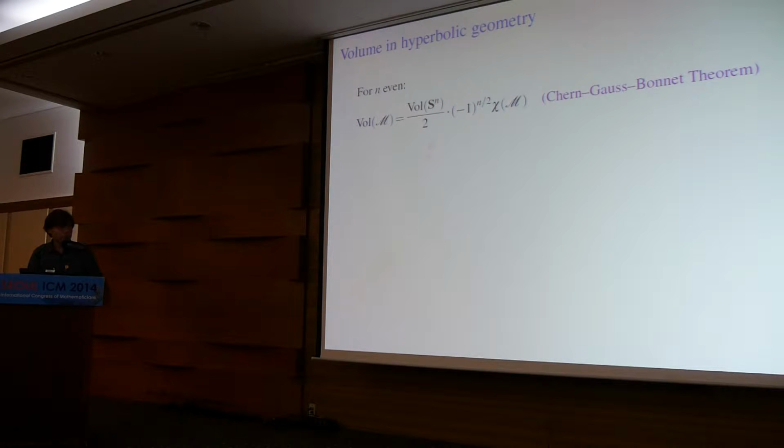So volume defines Euler characteristic, and Euler characteristic is a well-known topological invariant, which captures a lot of important information about the space. So volume does the same. However, in odd dimensions, Euler characteristic vanishes, and volume is still well defined. It actually captures the same amount of information.